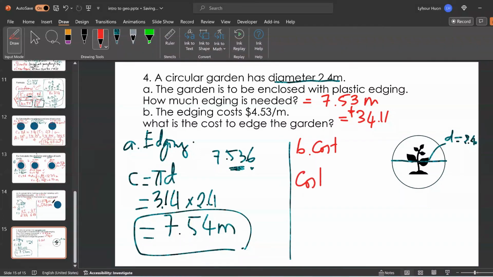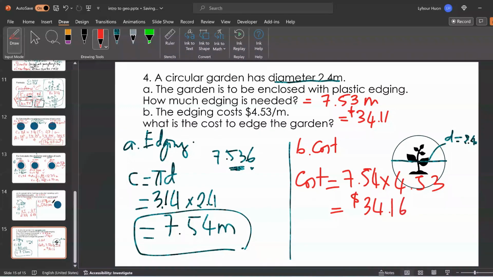The cost equals the edging, which is 7.54, times $4.53, which is equal to 34.16.